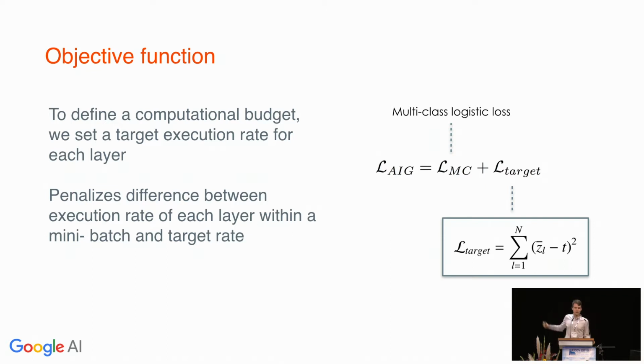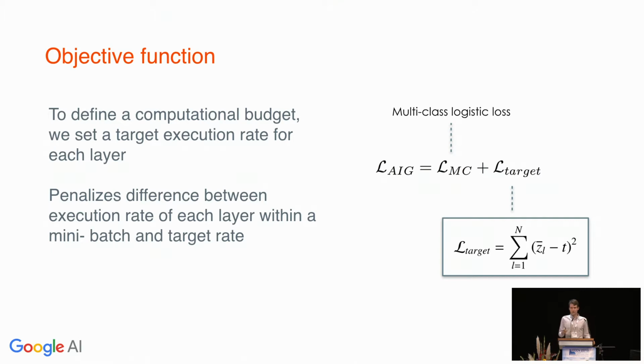That's what we call the target rate loss. In particular, we set a certain target for every layer. Let's say every layer should be used 60% of the time. That is a simple tool to define the computational budget. Any deviation from that is going to be penalized. And then the layer has to figure out for which subset of the data it wants to execute.